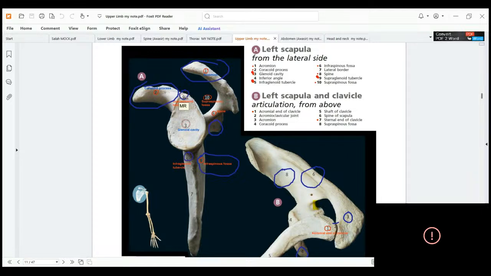The acromion articulates with the clavicle, and they form the acromioclavicular joint.